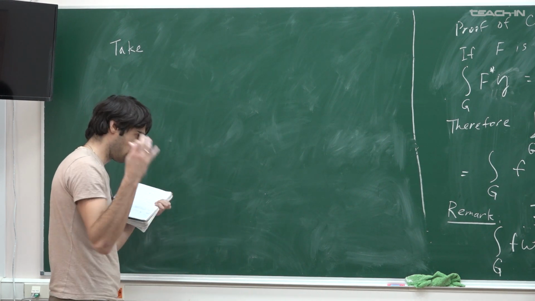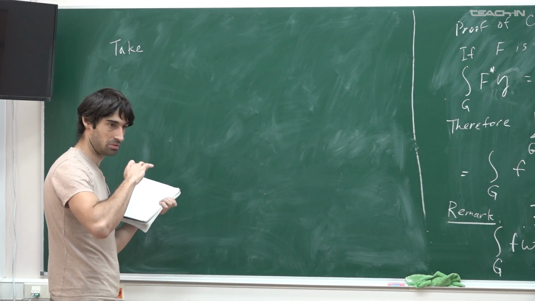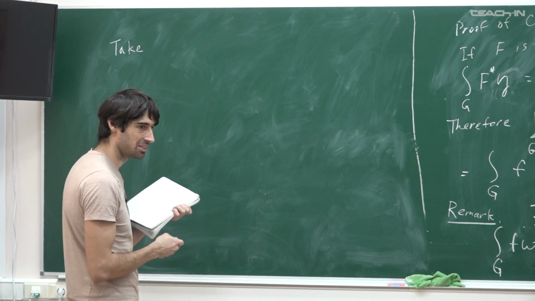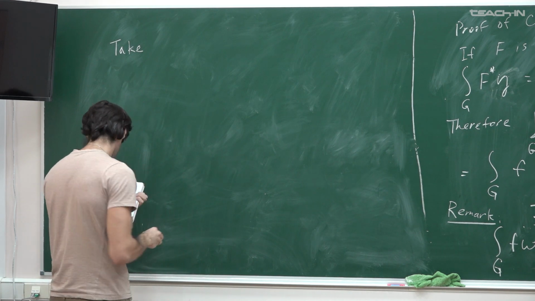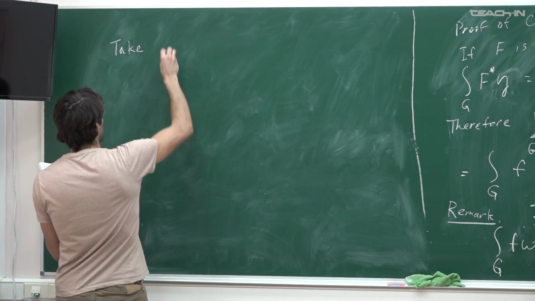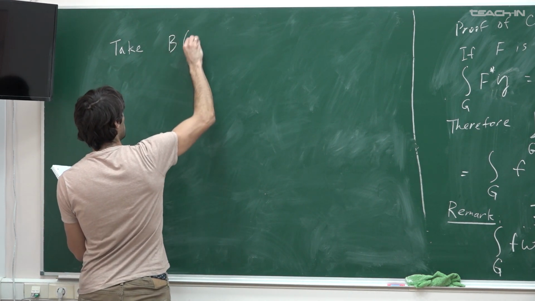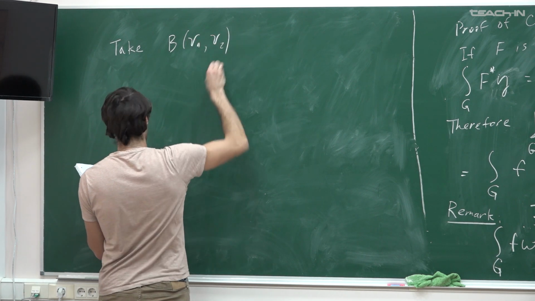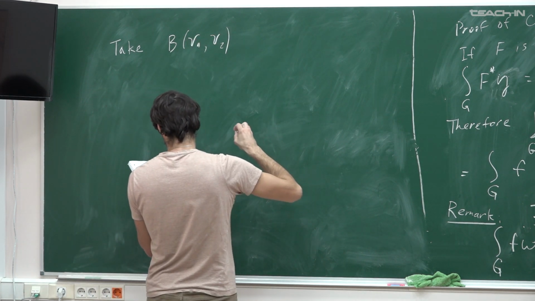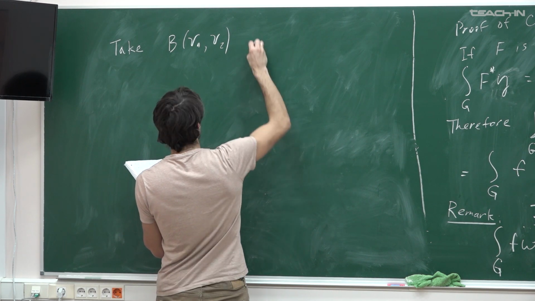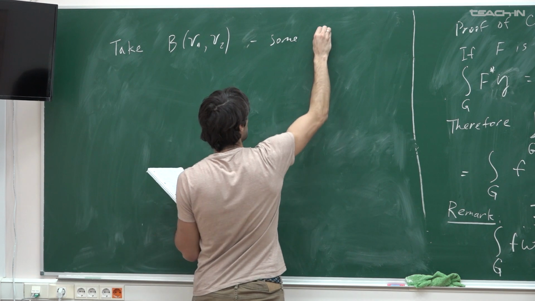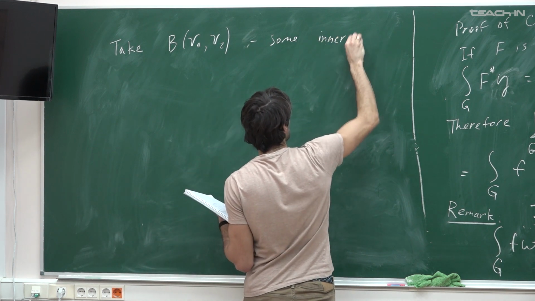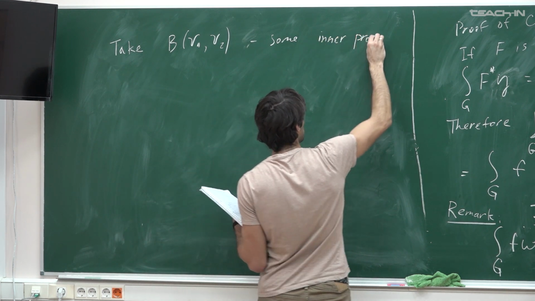Just fix some bases and take the dot product, but with conjugation on the second factor. So take B(v1, v2) to be this, just some inner product on our representation V.